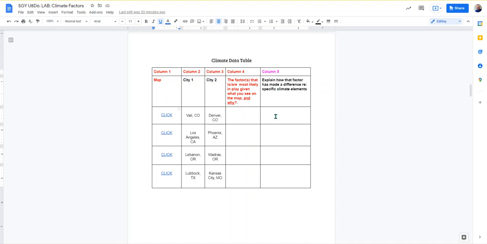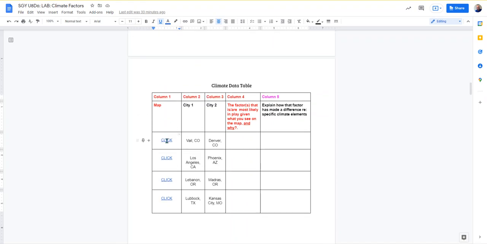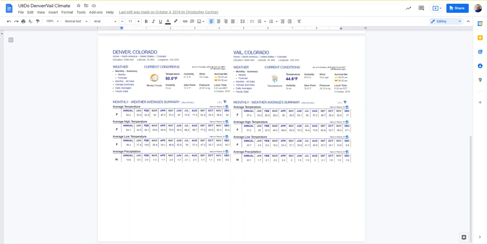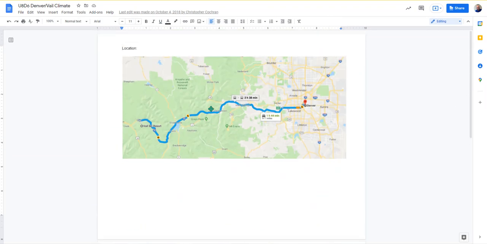Okay, and so let's go take a look at this table. If we click on this link, it's going to bring you to this table. You start out here with this map. This is for Denver. Denver's over here, and Vail is over here. And remember, Denver is called the Mile High City because of its high elevation, but Vail is even higher.